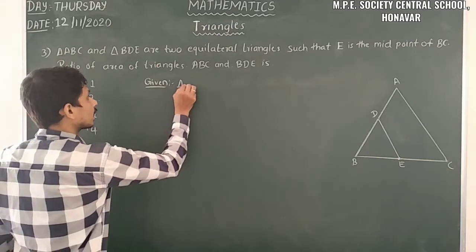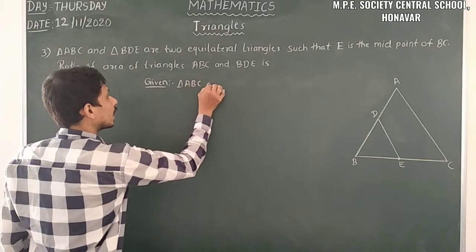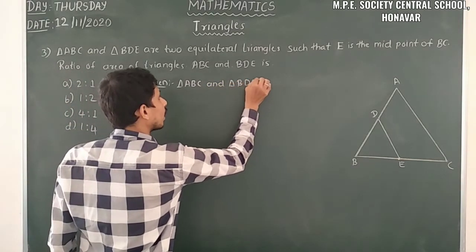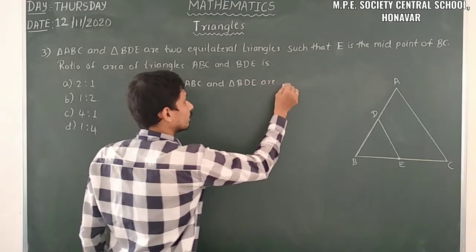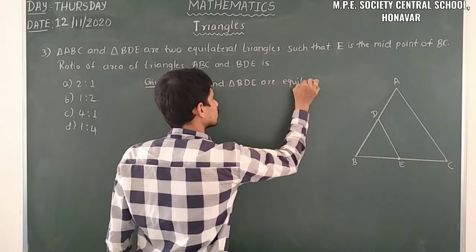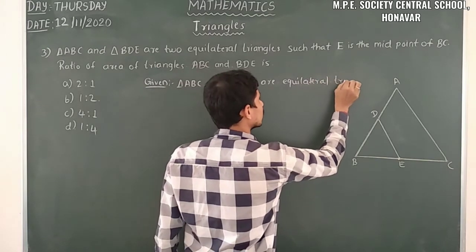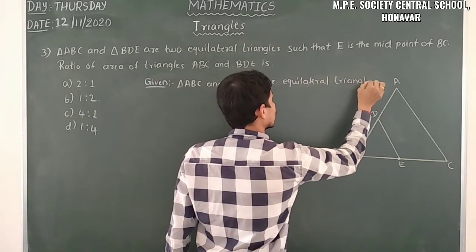That is, triangle ABC and triangle BDE are equilateral triangles.